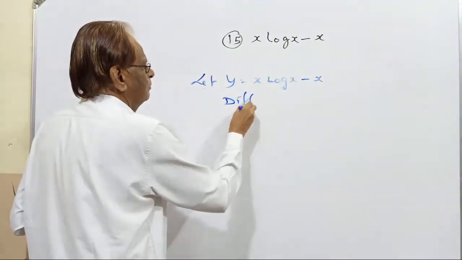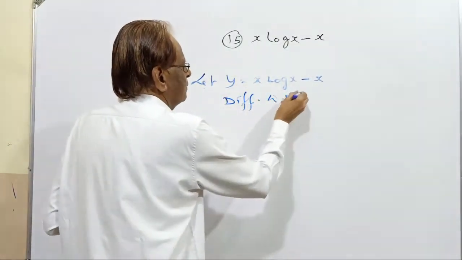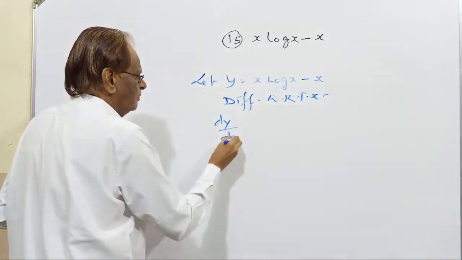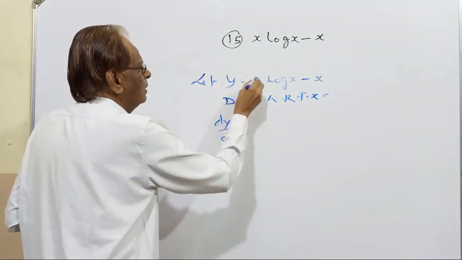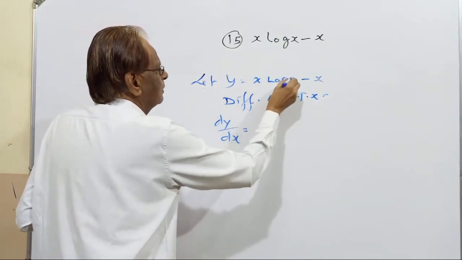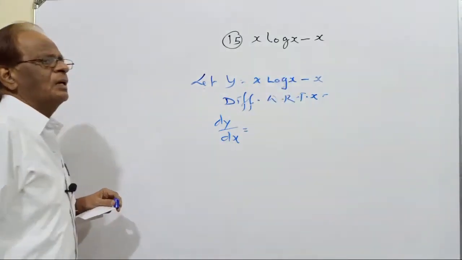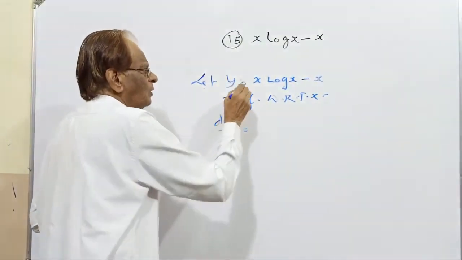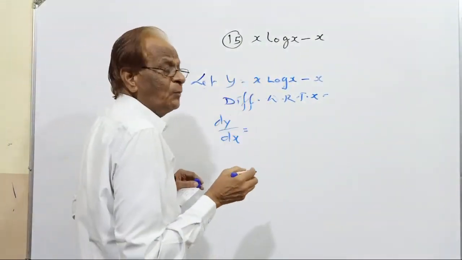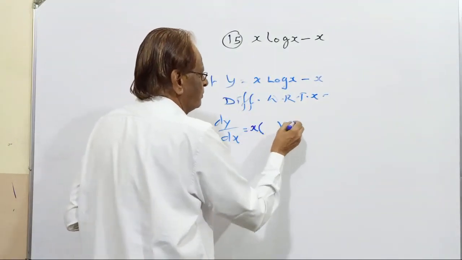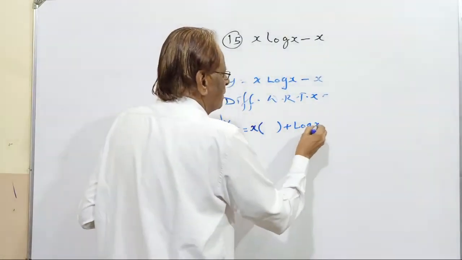Differentiating with respect to x, dy by dx equal to, according to the rule, differentiate the first term separately, minus differentiate the second term separately. The first term is a product, so use the product rule: x as it is, differentiate log x, plus log x as it is, differentiate x.